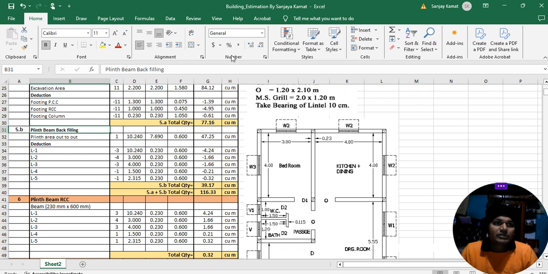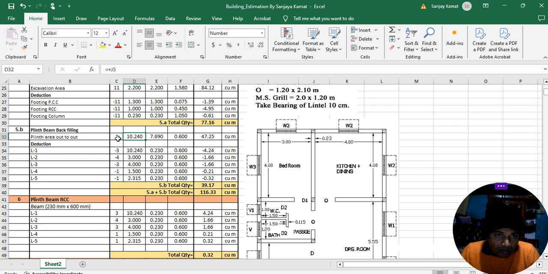In plinth beam backfilling, we take the plinth area out to out. Out to out means we do the extra over from the ground level, from out to out only, not from beneath that ground level.